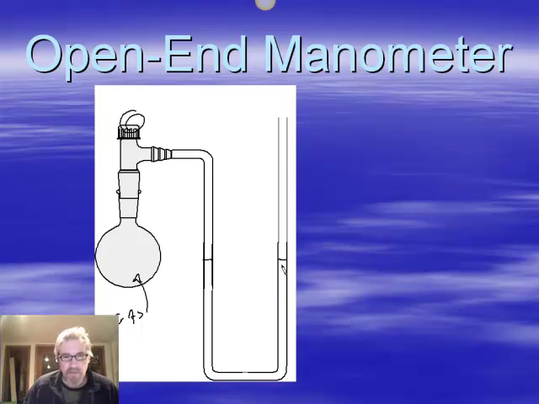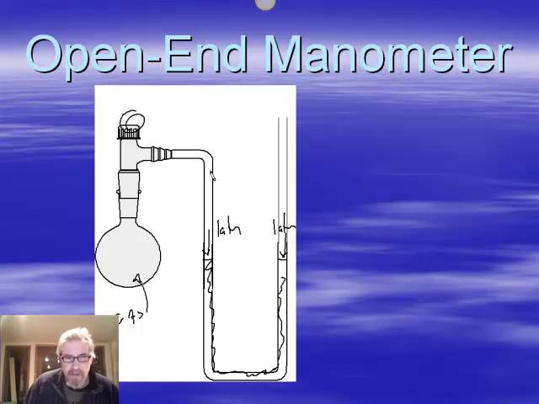pushing on it, if you just had this thing unconnected, you'd have equal pressure on both sides. Here you'd have 1 atmosphere of pressure, and here you'd also have the pressure of 1 atmosphere pushing down. And so the legs of these columns would be the same height, because they're being pushed down by the same pressure. But now let's say we hook up the gas and then open up the valve.